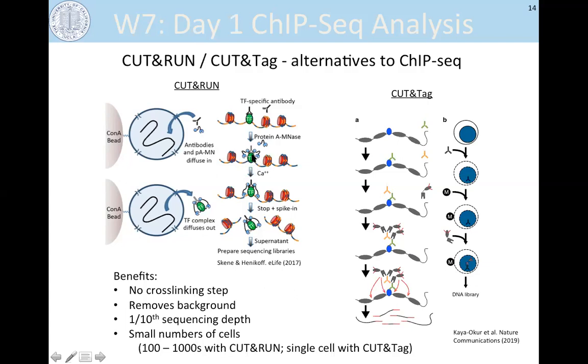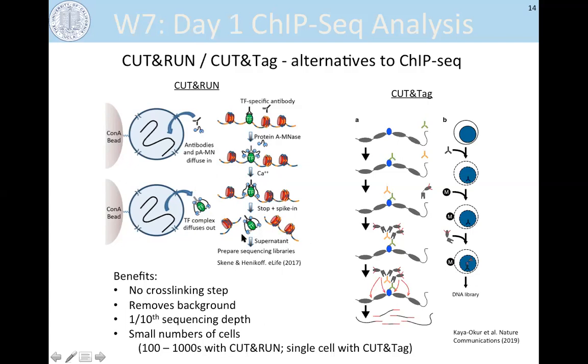So you want to increase the local concentration of this MNase to regions that are near your transcription factor, and then you diffuse in calcium to activate the enzyme. So this will cleave the DNA around the transcription factor, and then this transcription factor antibody MNase complex will be small enough to diffuse out of the nuclei.